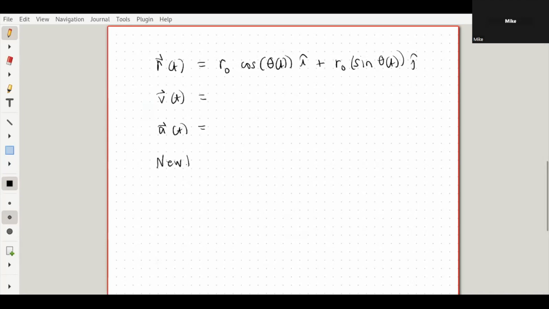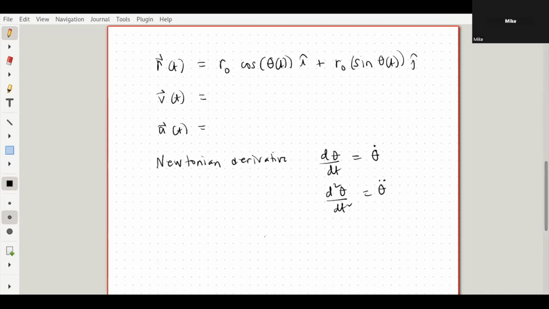To make your expressions simpler, I'll introduce Newtonian notation for the time derivative. Shorthand, d theta dt is theta dot, and the second derivative of theta with respect to time is theta double dot. Why not Leibniz notation? Because Leibniz is long. Why not Lagrangian notation, the prime?